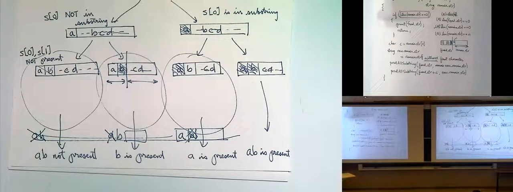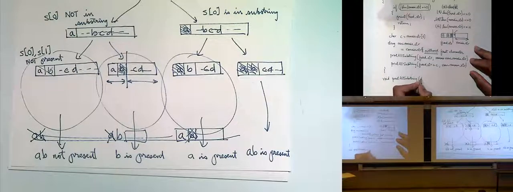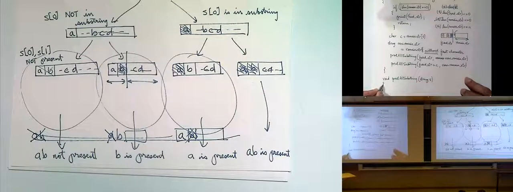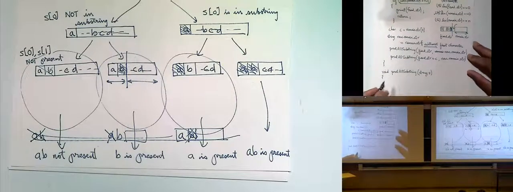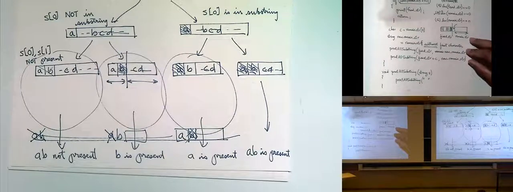And then, of course, for calling it on any string, just to complete this picture, print all substrings. If you want to print it on some string S, we just make a single recursive call, so we'll do print all. I'm sort of doing the overloading over here. So your fixed string is just the empty string.